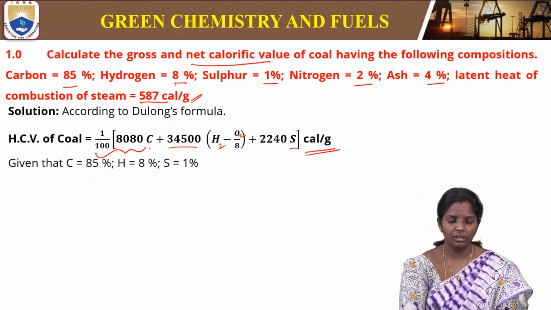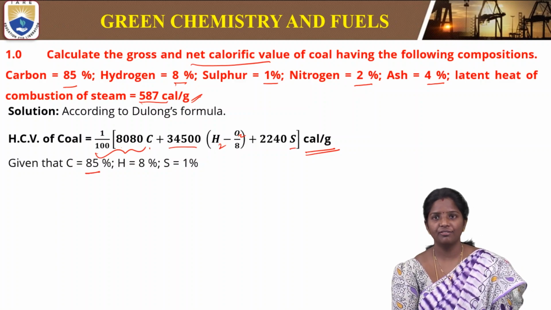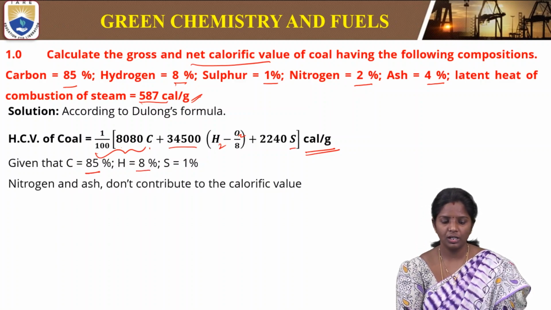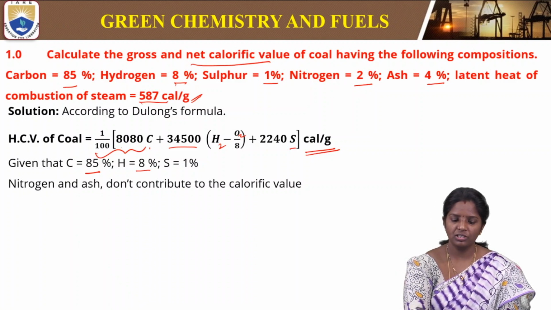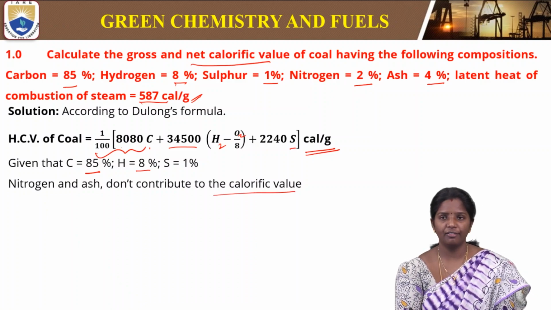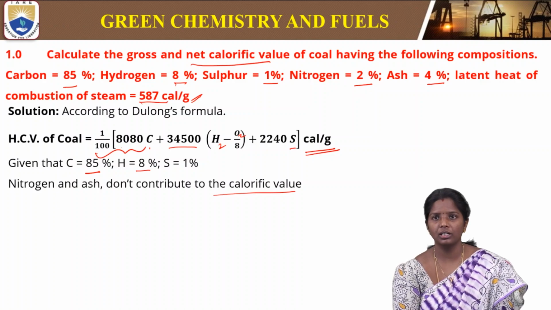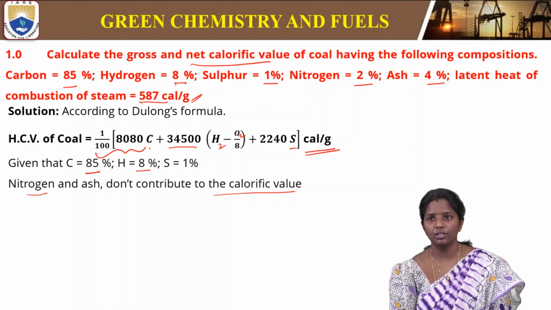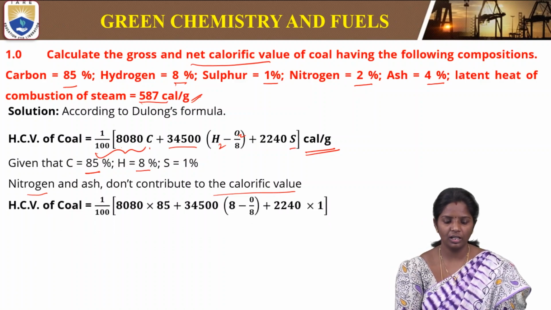Now the given is carbon 85%, hydrogen 8%, sulfur 1%. Nitrogen and ash do not contribute to the calorific value, so we do not consider them.